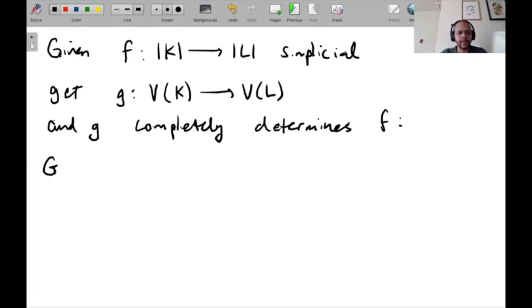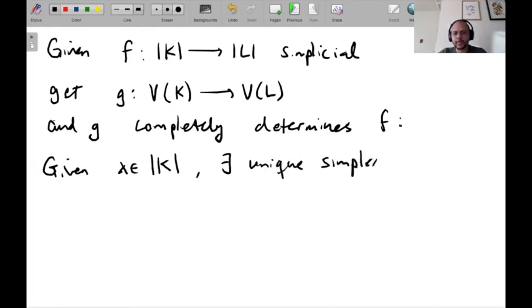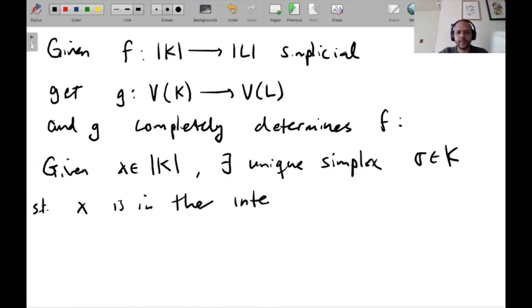Given x in the realization of K, there exists a unique simplex sigma of K so that x is in the interior of sigma.